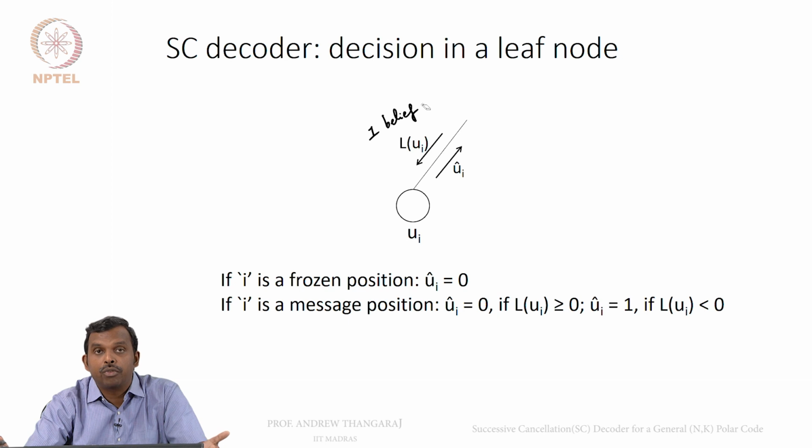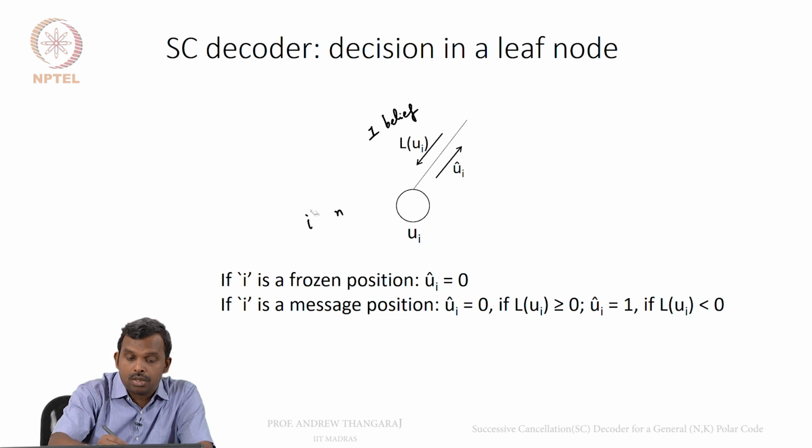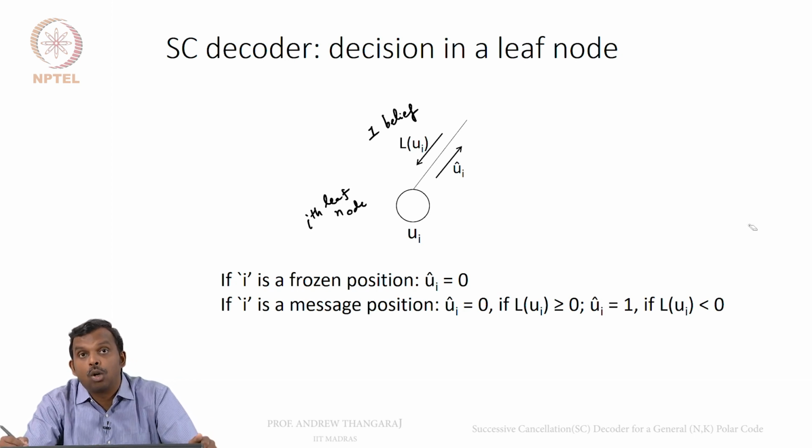Now the leaf could be in two different situations. This is the ith node, the ith leaf node. Now this ith position may be frozen or may be a message bit. That's the important thing to take care of. If the ith position is frozen, then your decision ui hat will always be 0.